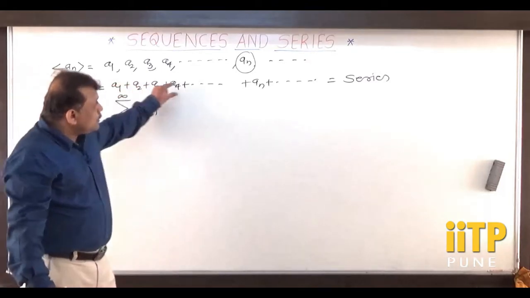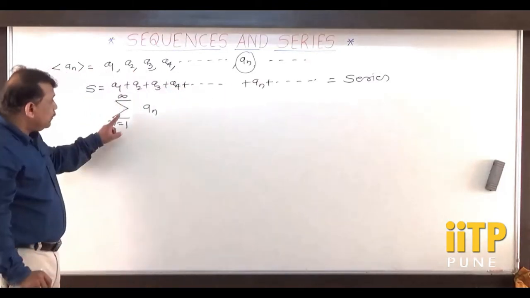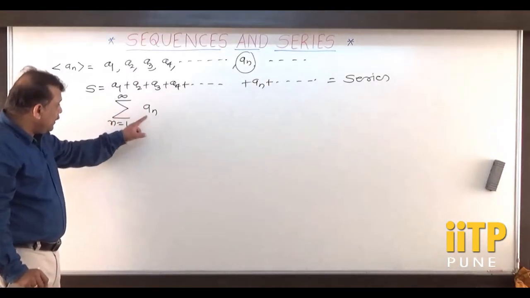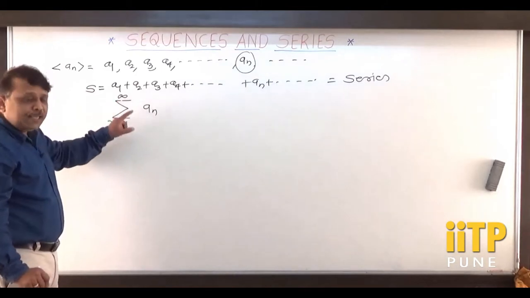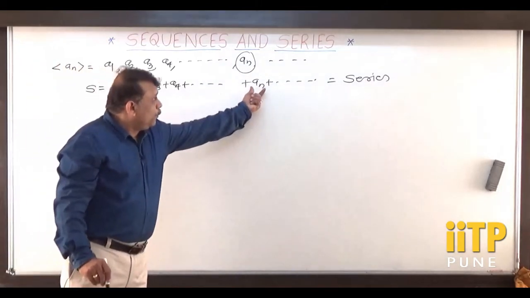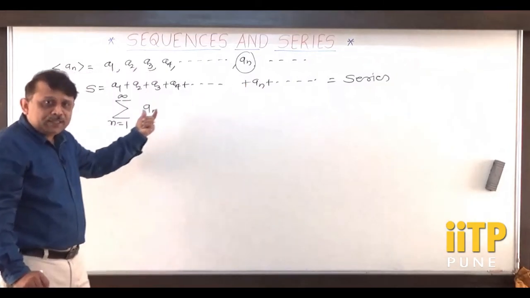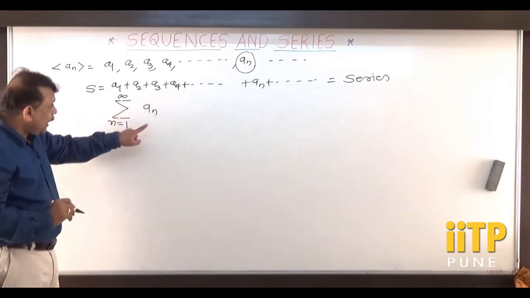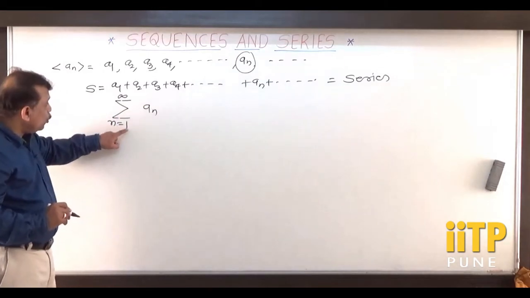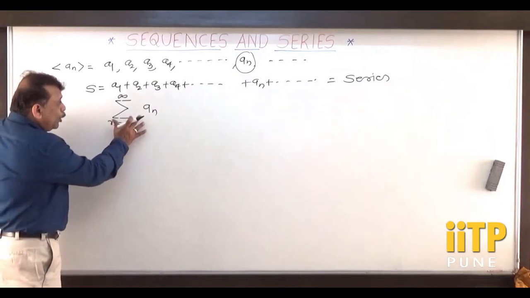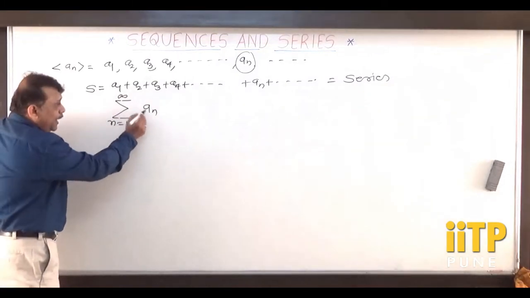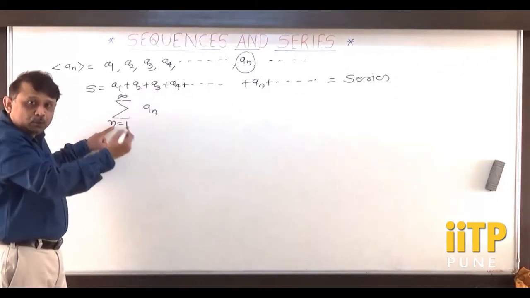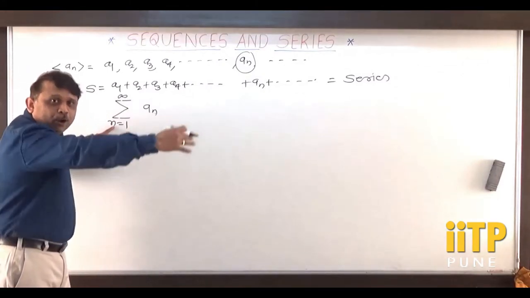So the whole series can be represented in sigma notation as sigma an, n going from 1 to infinity. Essentially, we are picking up the nth term of the series, and behind that, we write the sigma notation, and this n is moving from 1 to infinity. So if I want to open this sigma, n going from 1 to infinity, we write for n 1, 2, 3, etc. and we add all those things.